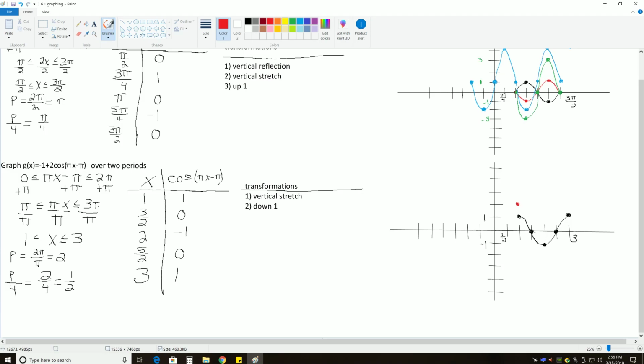If you multiply that by 2, it remains 0. This -1 will become -2. This 0 will stay 0. And finally, this 1 will become 2, just like before, which gives us a new graph that looks like this, a much taller or longer U.